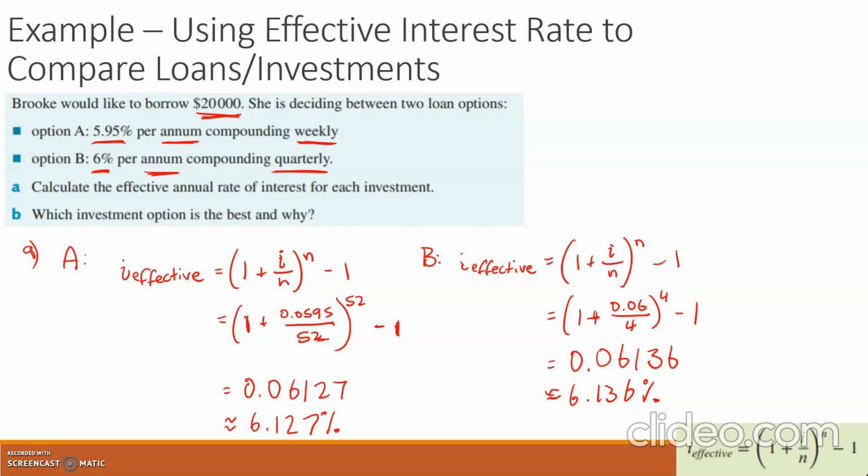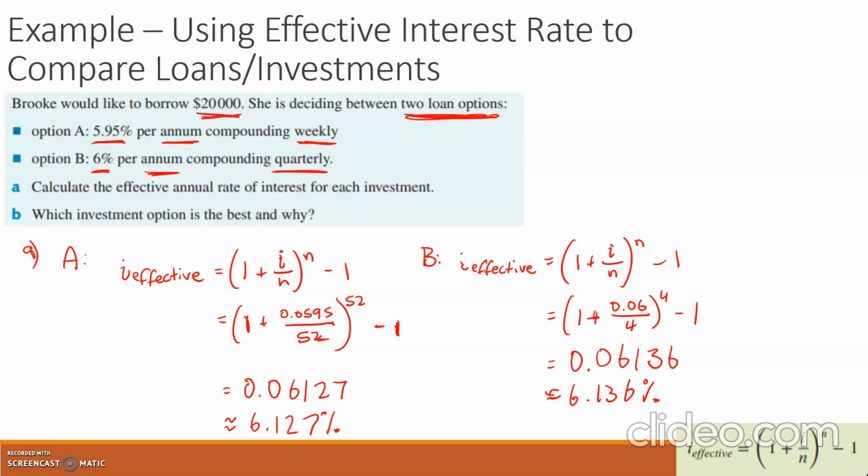Now B says which investment option is the best and why. In this case, this is actually a loan that Brooke is considering. So Brooke's not considering investing her money. She's deciding between 2 loan options. So because it's a loan, she actually wants the lower interest rate here because she wants the loan to grow by a lesser amount per year.